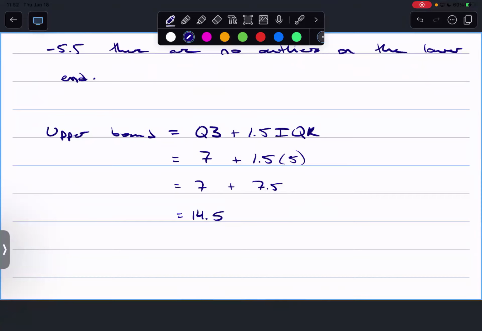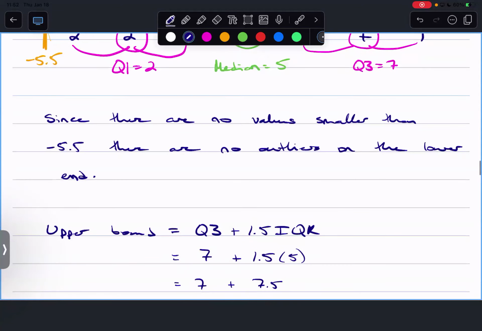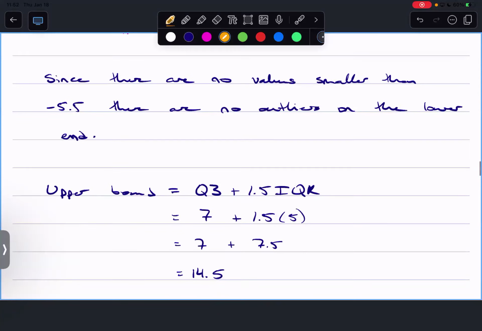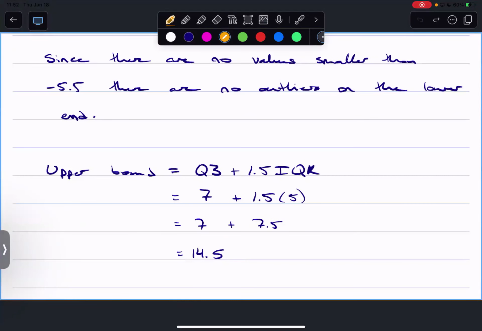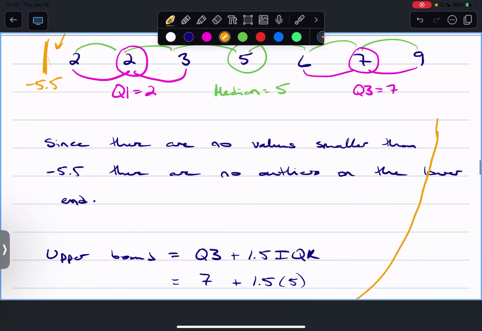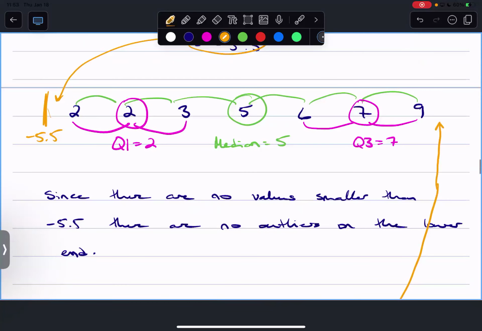So now I do the same thing again, but to save some space, I'm going to take this value and draw it up here instead, just on the same number line. There. So here I have 14.5. You have to do all this work only to tell me that there are no outliers. Oh man, I know.